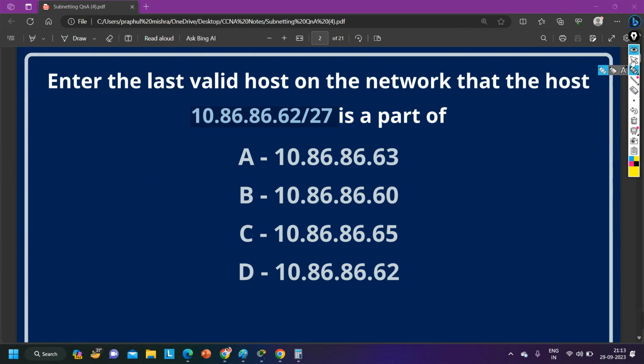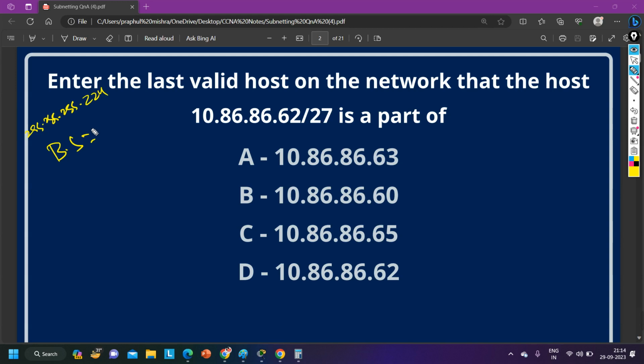So how to calculate it? We need to find the block size. The subnet mask for /27 is 255.255.255 dot what? 224. So the block size will be 256 minus 224.